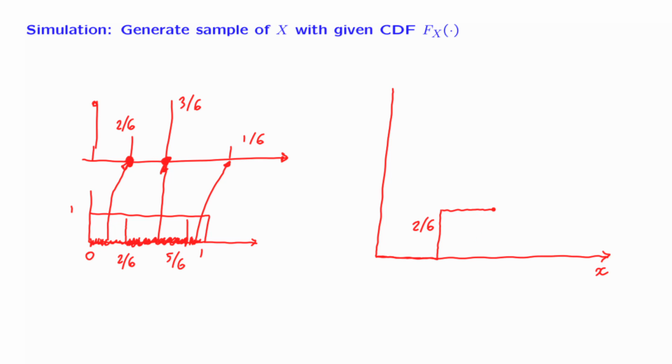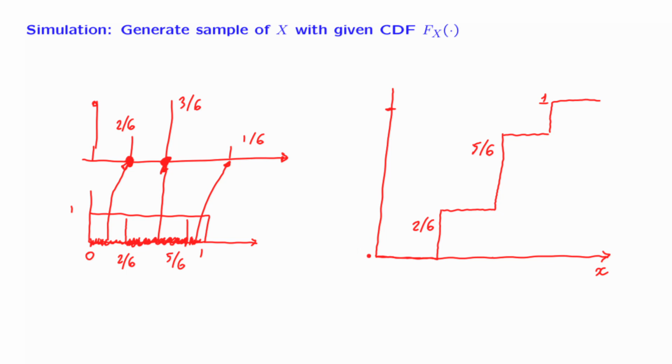Then it has another jump of size 3/6, which takes us to 5/6 at some other point, and that point here corresponds to the location of that value. And finally, it has another jump of 1 over 6 that takes us to 1 at another point that corresponds to the third value.